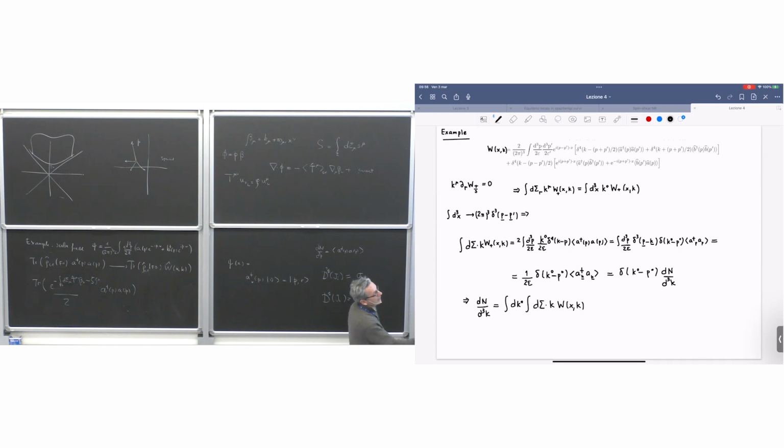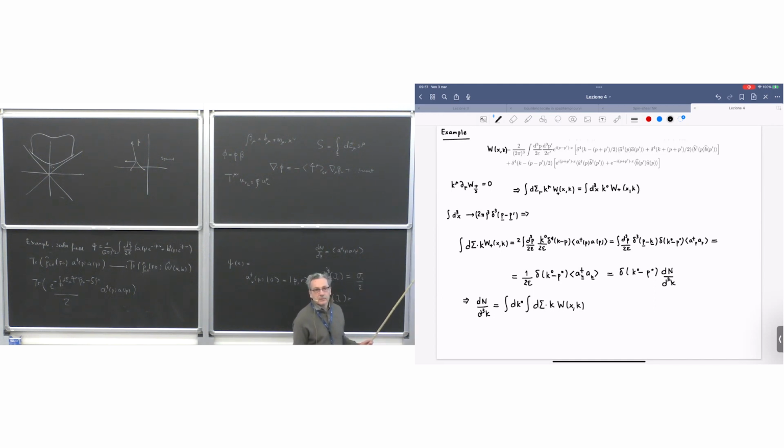And finally you have k minus p prime over two, which means that k is space-like, because p minus p prime, with both on shell, gives a space-like vector if you square it. And you see that this involves mixing of particle and antiparticle terms. Okay? Is it all right? All right? Fine.